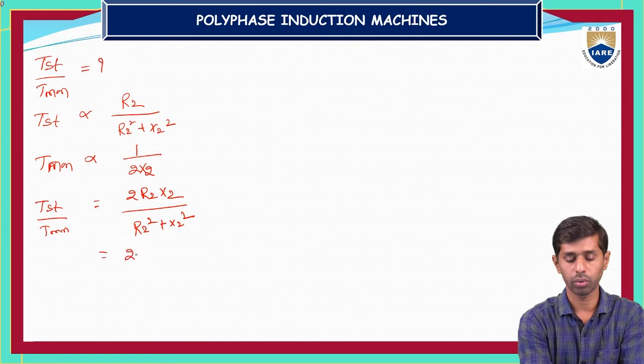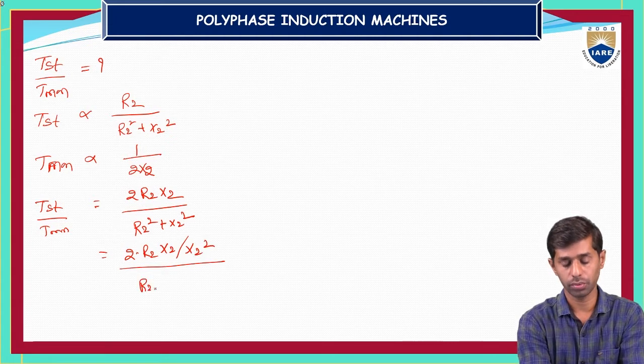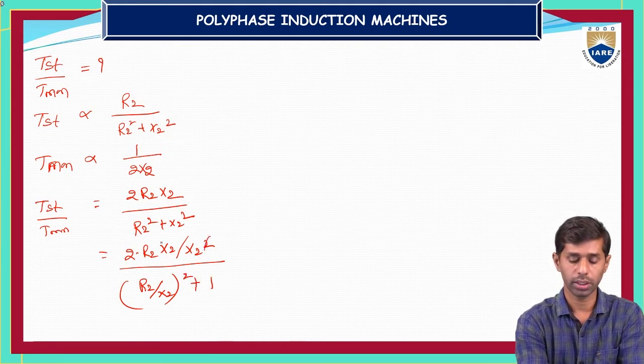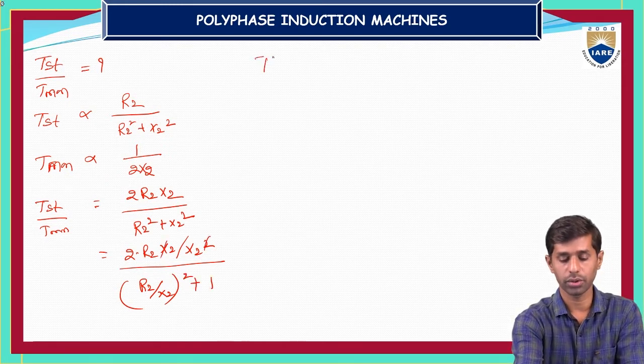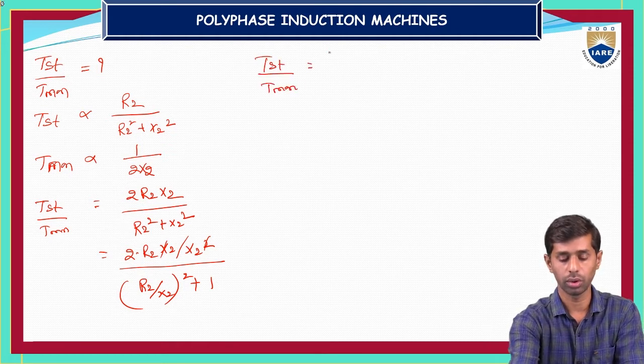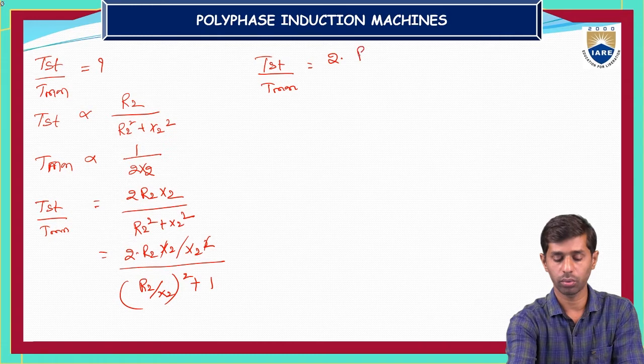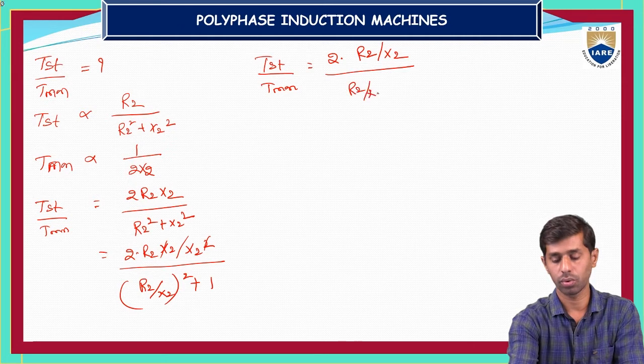We will get 2 times R2 into X2 by X2 square, over R2 by X2 whole square plus 1. So here X2 and X2 square cancel. So the ratio of starting torque to maximum torque equals 2 times R2 by X2 divided by R2 by X2 whole square plus 1.